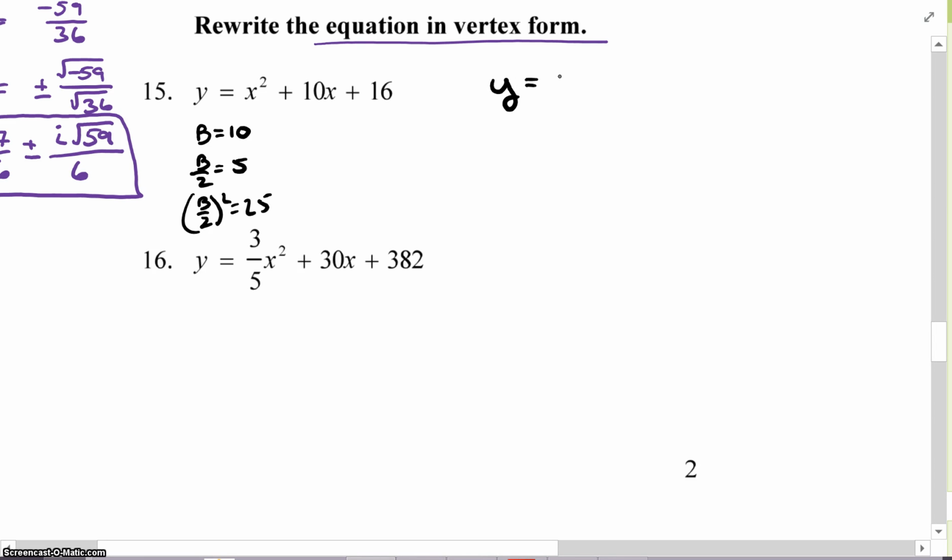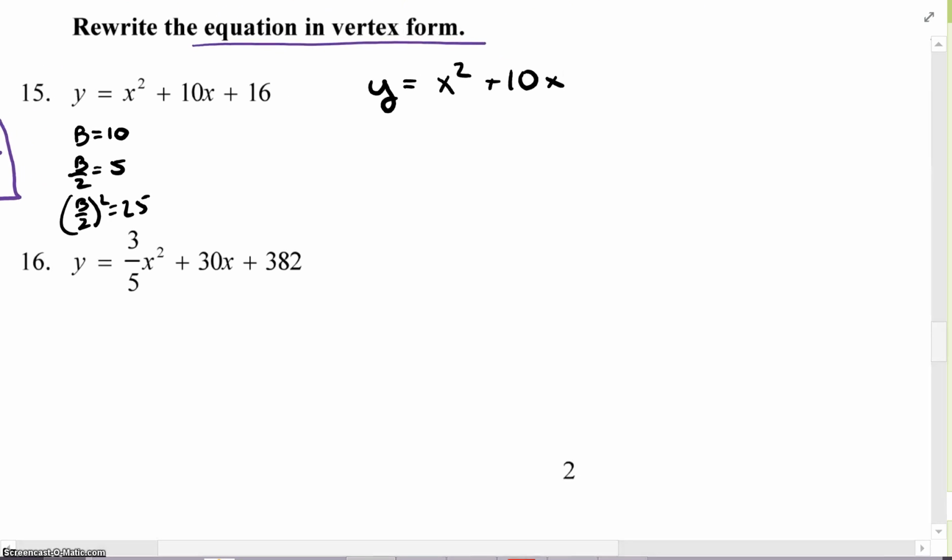So y equals x squared plus 10x, and we'll do it the way the book did it so it makes sense to you guys. And over a little bit farther to the right, we're going to put plus 16. What do we need to add to make the left side a perfect square? We need to add 25. Well, if I add 25 to this equation, on the right side, to keep it balanced, I need to subtract 25.